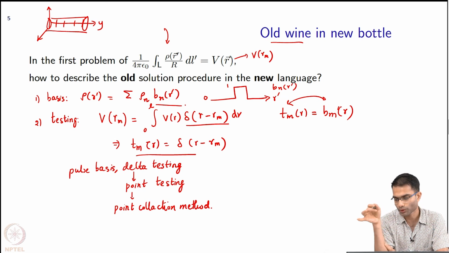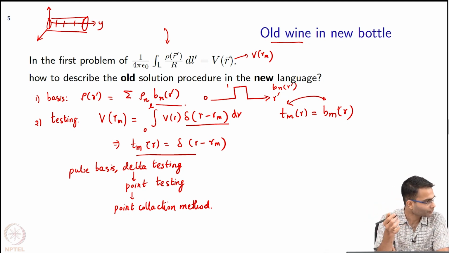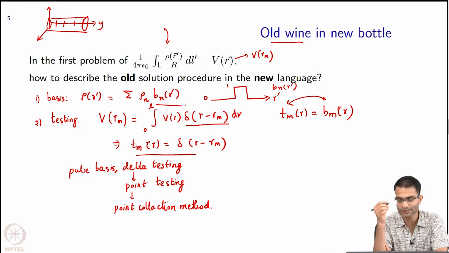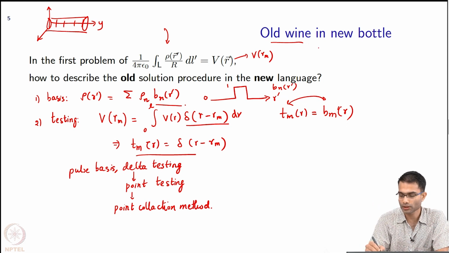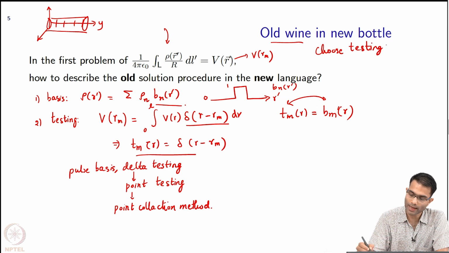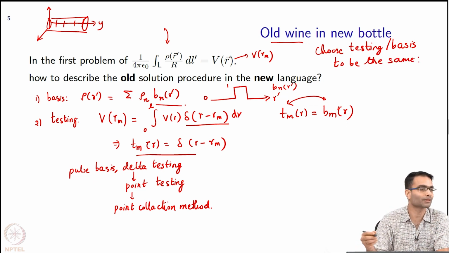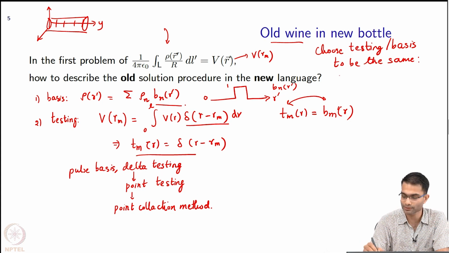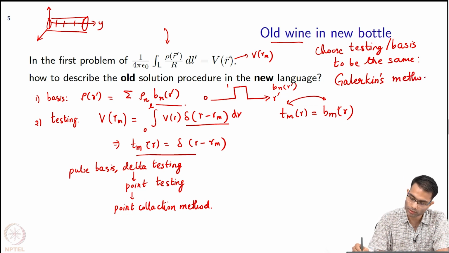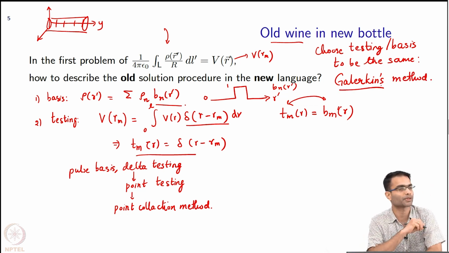One more term I am going to use, getting ahead of myself because the question has been asked. When you choose the testing and the basis functions to be the same, this method is called Galerkin's method, named after a person by the name Galerkin.